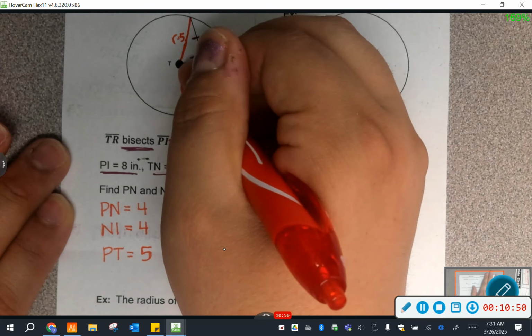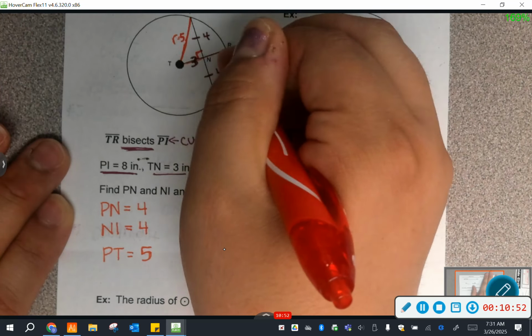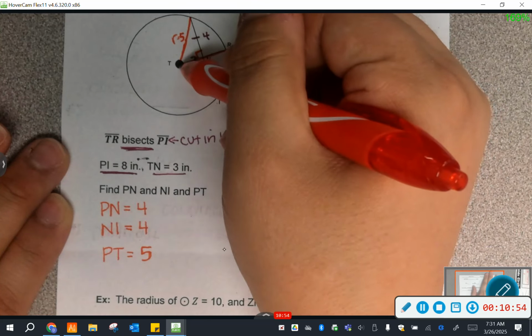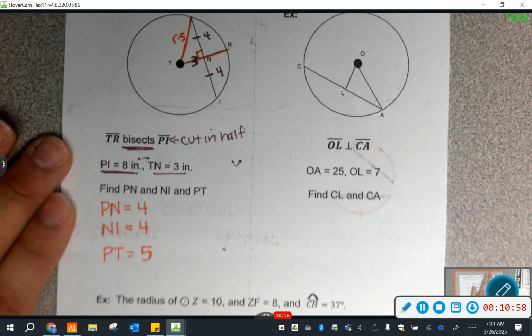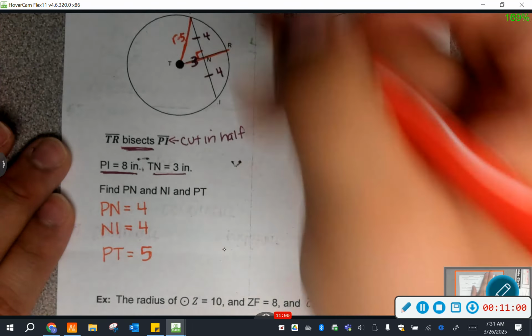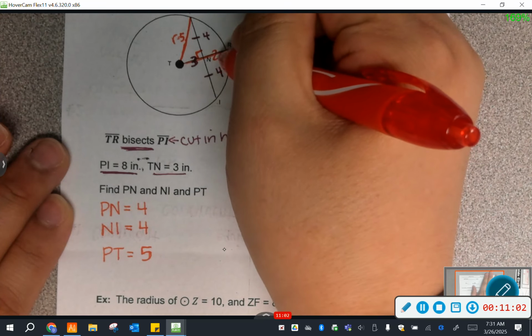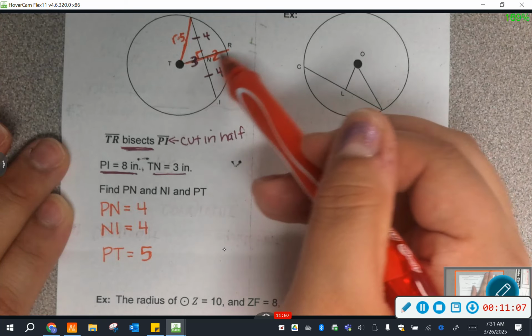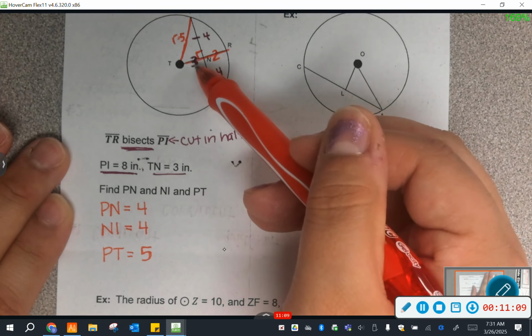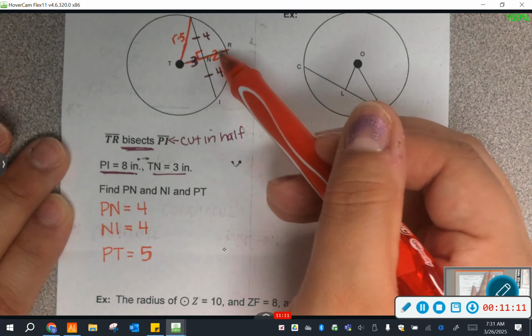So what is TR going to be? 5. And what is TI going to be? They're all going to be 5. They're all the same number. RN would actually be 2 because this whole thing is what? 5. And if you know that's 3. So a lot of people get this wrong because they're like, oh, 3, this has to be 3.